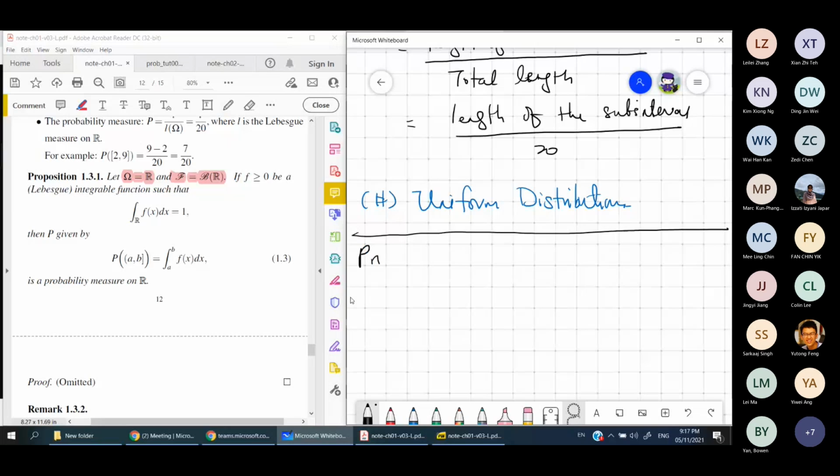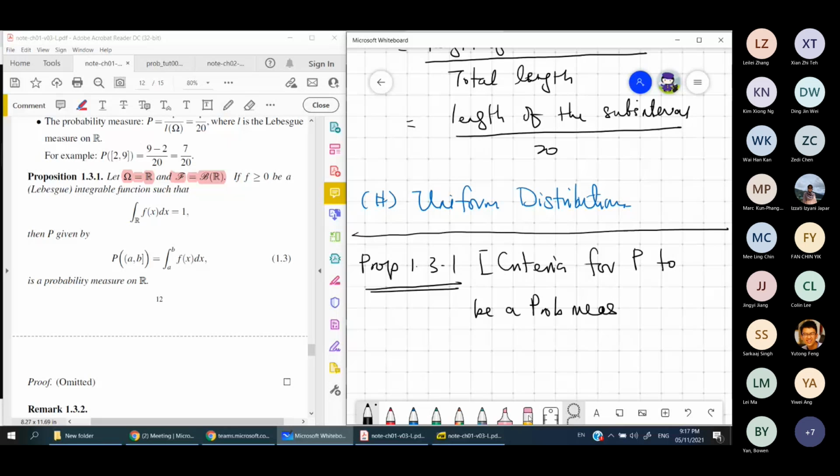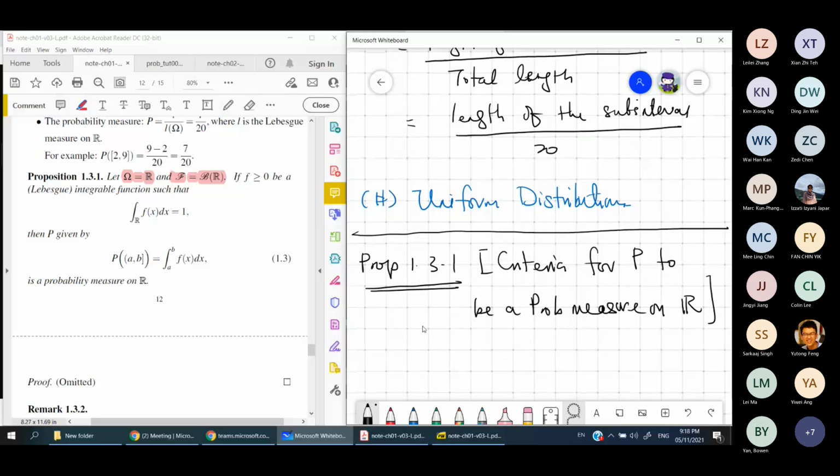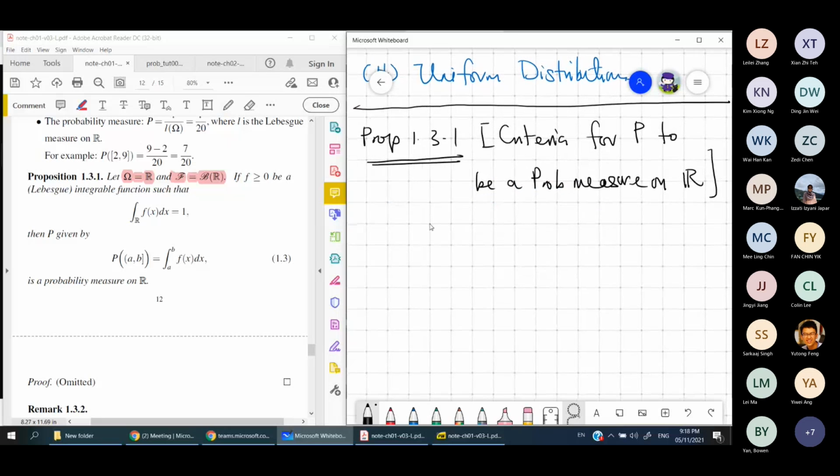So that means I better write it down here. Okay, so this gives us a criterion for P to be a probability measure on R. How is it?